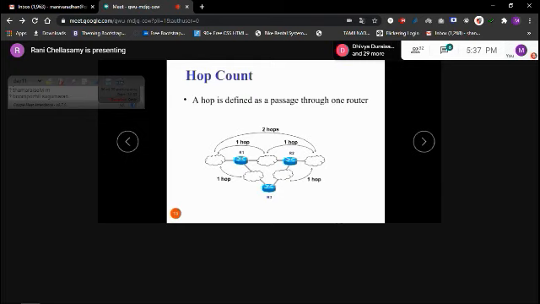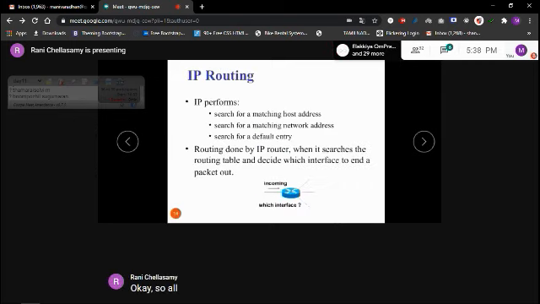Then it will search for the default entry. Okay. So all this routing will be done by the IP router, and it goes on searching the routing table. So whenever the packet reaches the router, it goes through the routing table, and it will take the routing decision, and it will forward the packet based on the destination address.